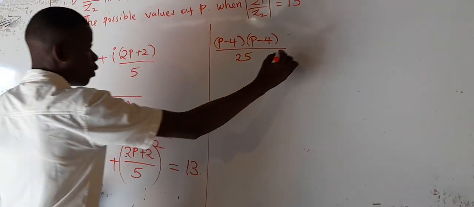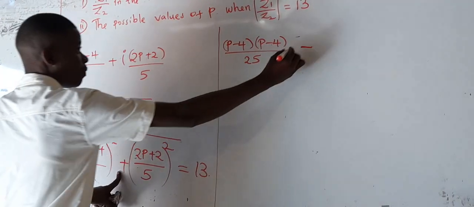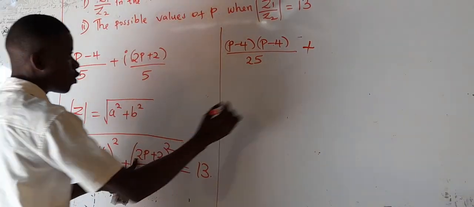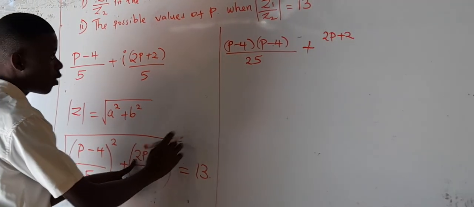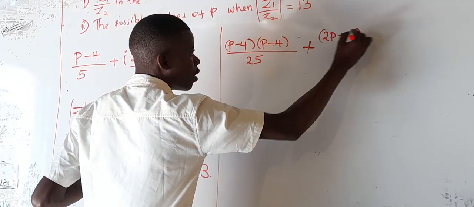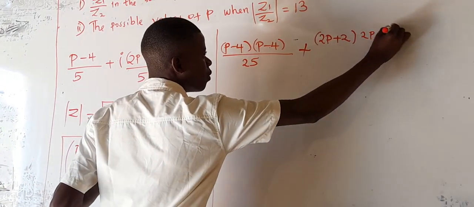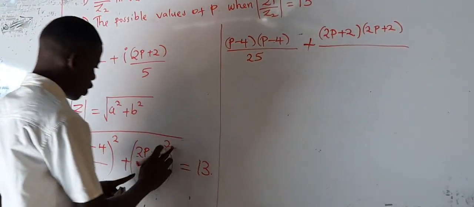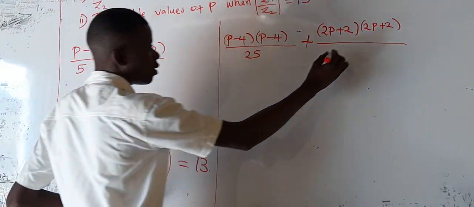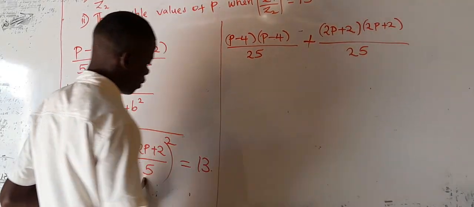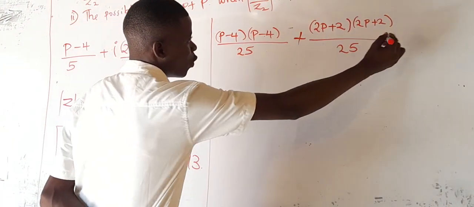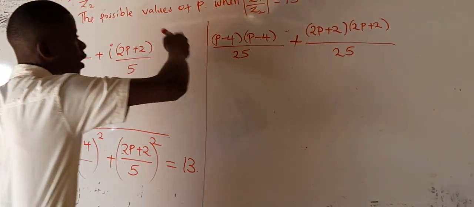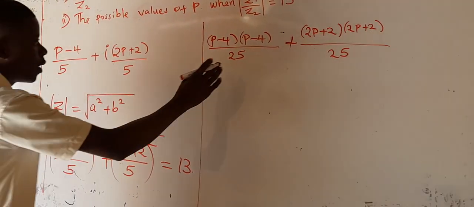Plus, this is 2P plus 2, but squared, so it is the same as (2P plus 2)(2P plus 2) over 5 squared, which is 25. So let us deal with this first. We are going to equate it with 13 when we find the square root of this one here.